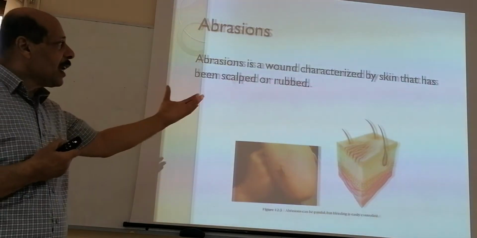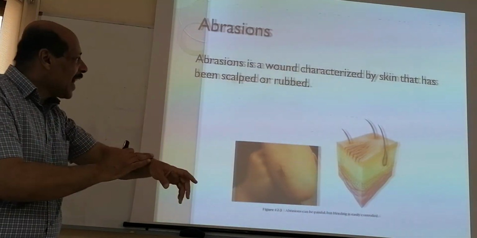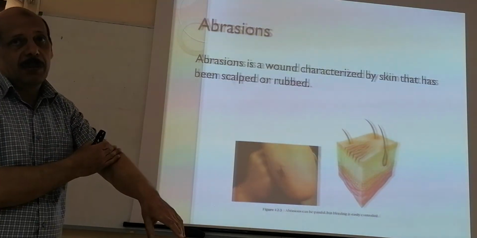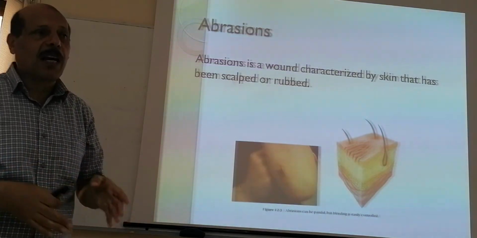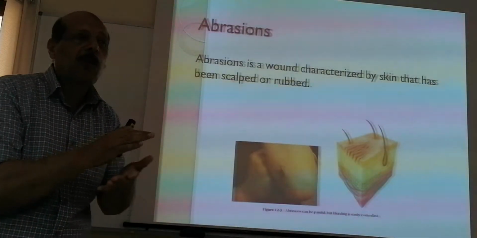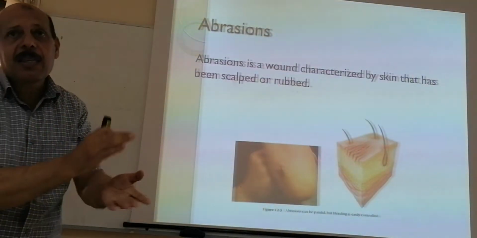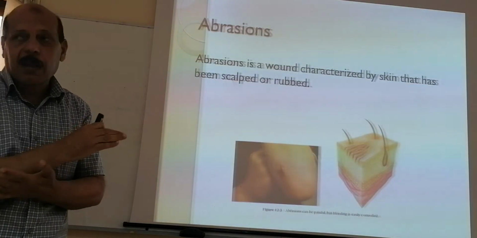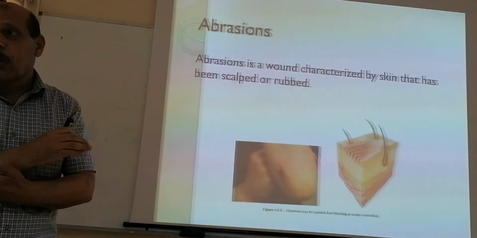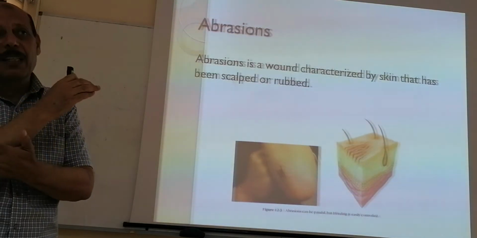Abrasion is a wound characterized by skin that has been scraped or rubbed off. This will happen when children are playing. Sometimes when they fall down, there will be friction between their body and the surface of the playing ground. That friction will lead to some scraping of the skin.